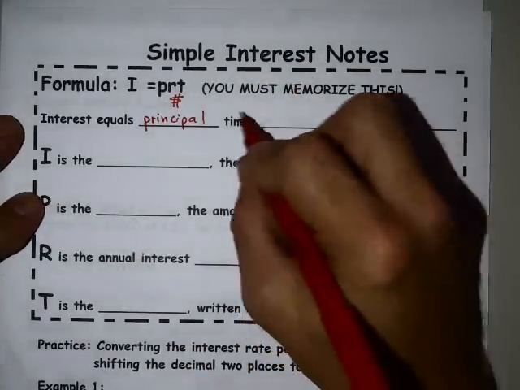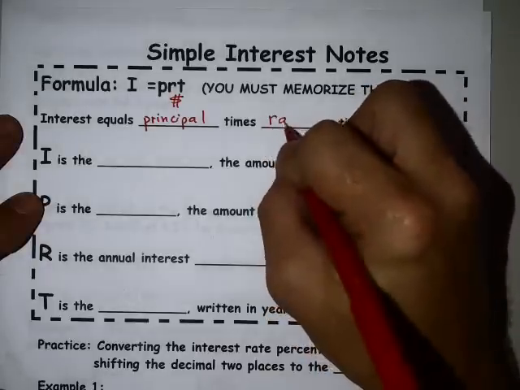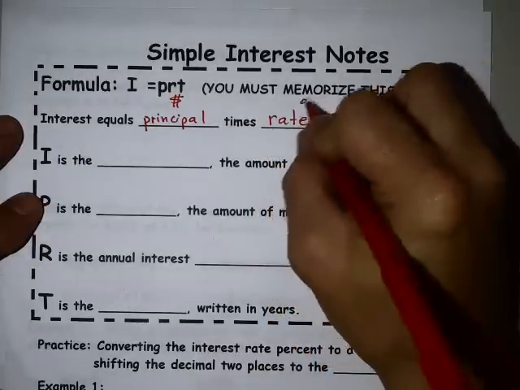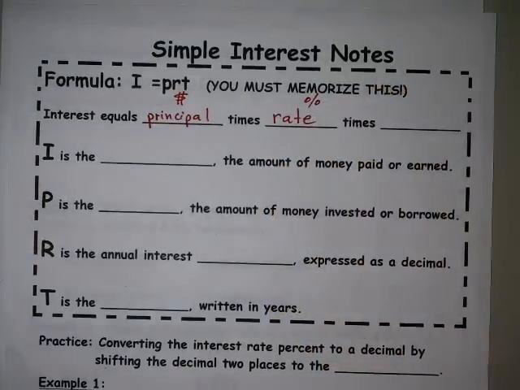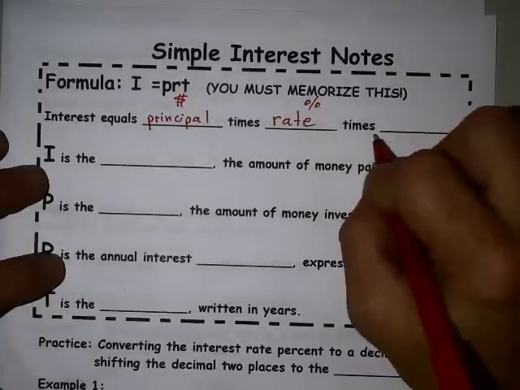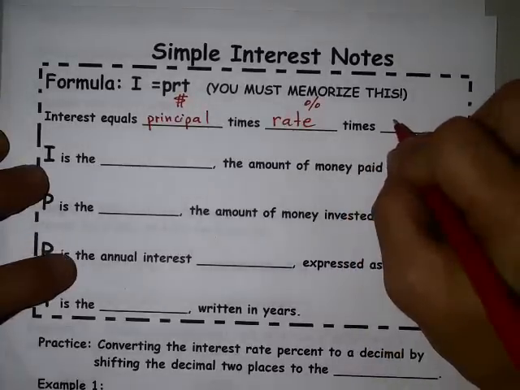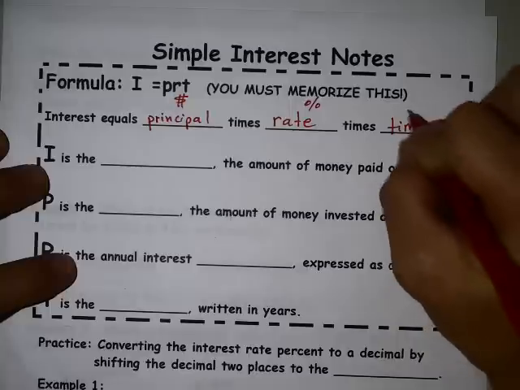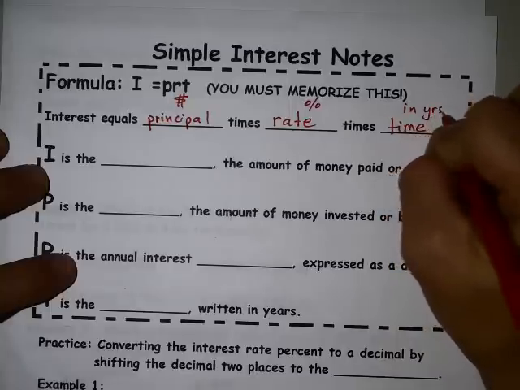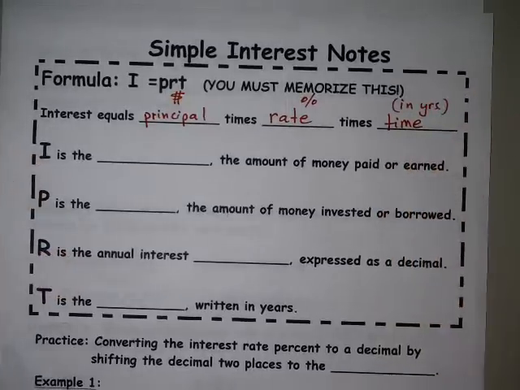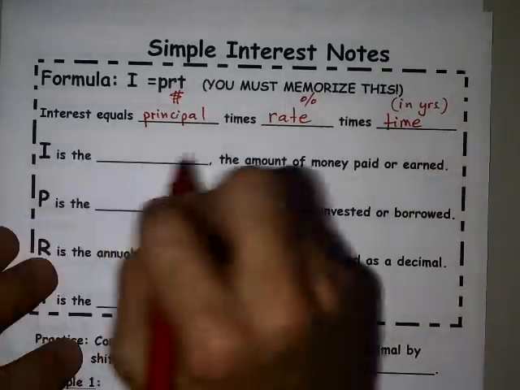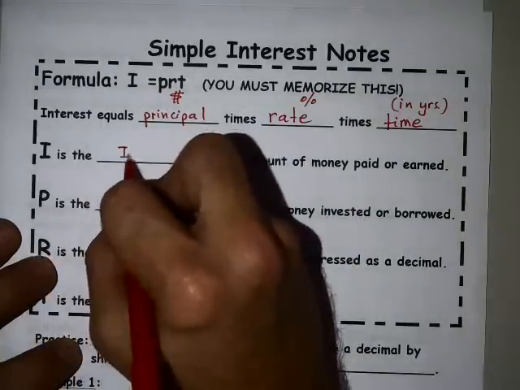And then times, which means you're multiplying, times the rate, which is the percent that you're either earning if you put money in a bank, or that the bank is charging you, or whoever is charging you for taking out a loan or having a credit card or whatever the interest might be. And then you're multiplying that times the time. The important thing about this is that you always remember it's in years. That's very, very important.